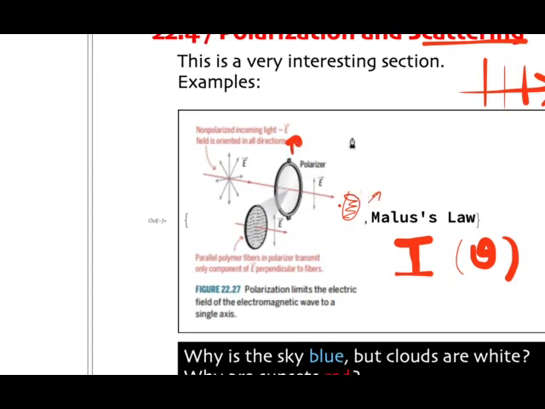If it's 0 degrees, you'll get 100% intensity. And for an angle between 0 and 90, there's a formula which is called Malus's law. I won't write it down in the screencast here, but it's in the book, and you'll need it for some of the homework problems. So that's the case of polarization.